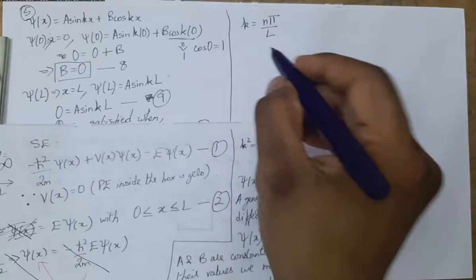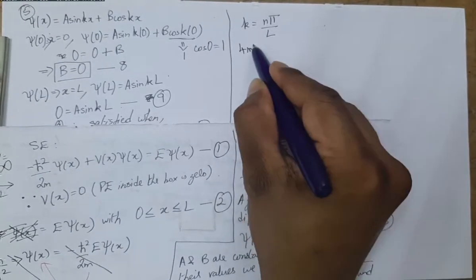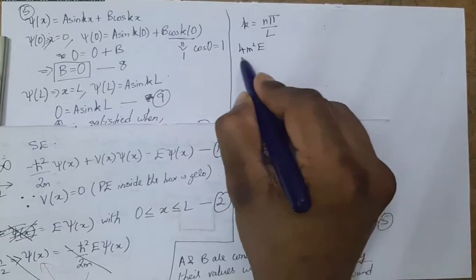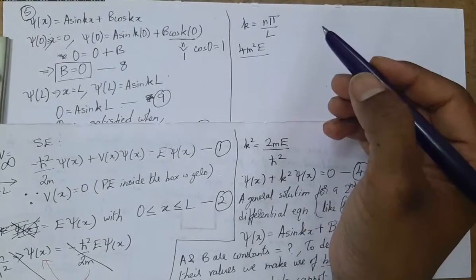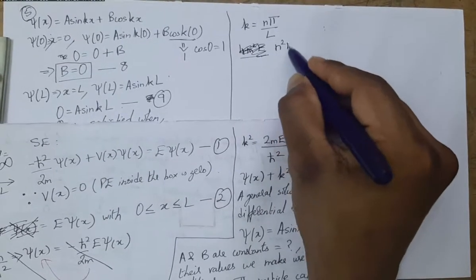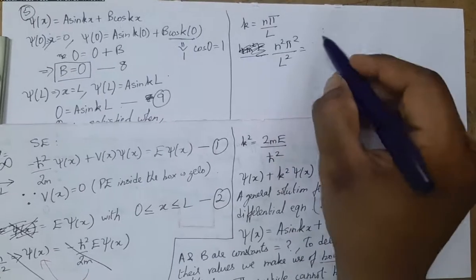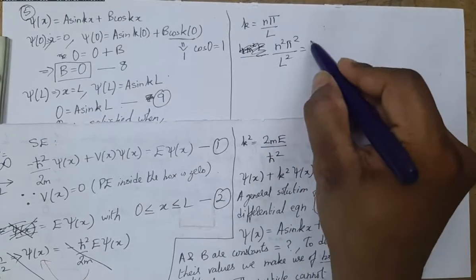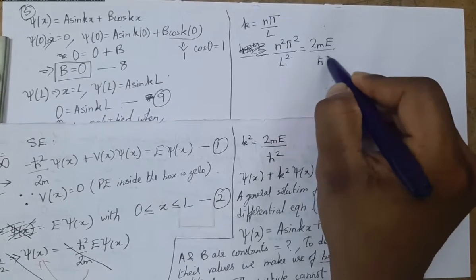So we'll say n square pi square by L square equal to 2mE by h cross square.